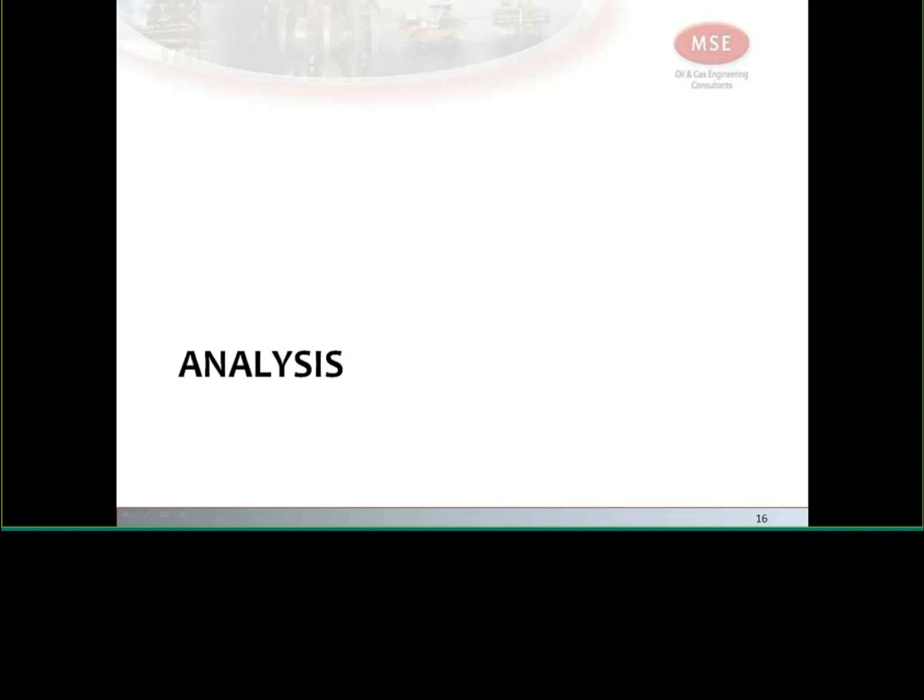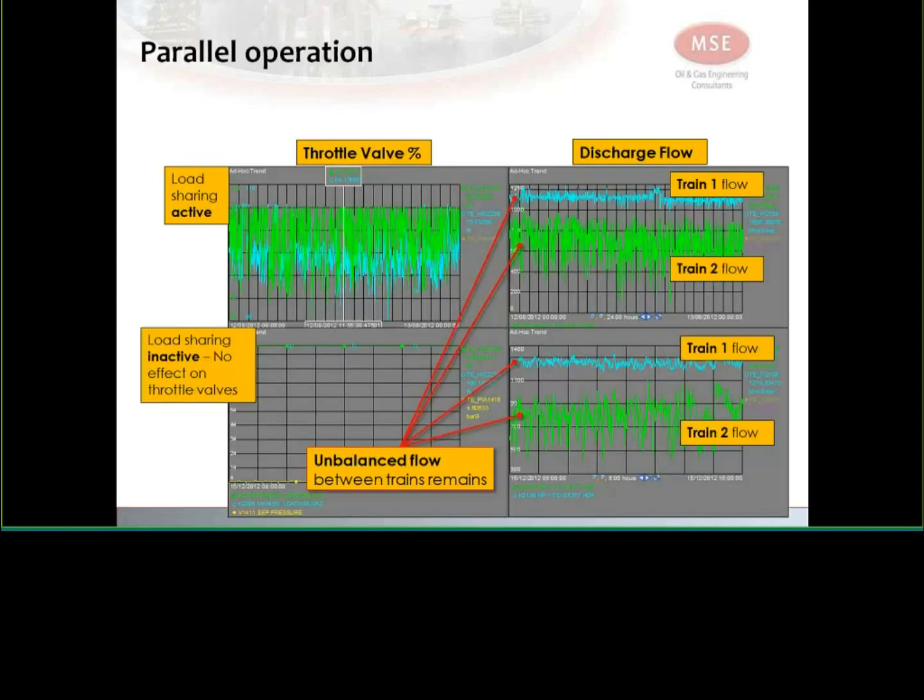So let's get into what we have at the moment. This is the first step that we could take. Our initial issue is to figure out why there is so much instability in the data. The first graph, the graph at the top, is with load sharing active.